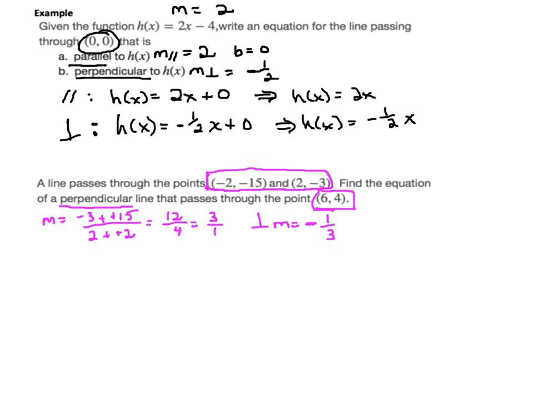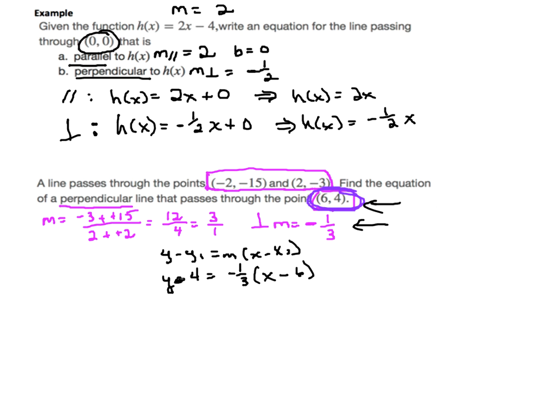And now I can use the information that I need to pass through this point 6,4. So I'm just going to go from point slope, because I've got a point, and I've got my slope now, to write the equation of the line in slope-intercept form. So I start out with y minus y1 equals m times x minus x1. So it's just kind of putting everything together that we've done. Y minus y1 is 4 equals m, which is negative 1/3, times x minus 6. And I need to distribute here.